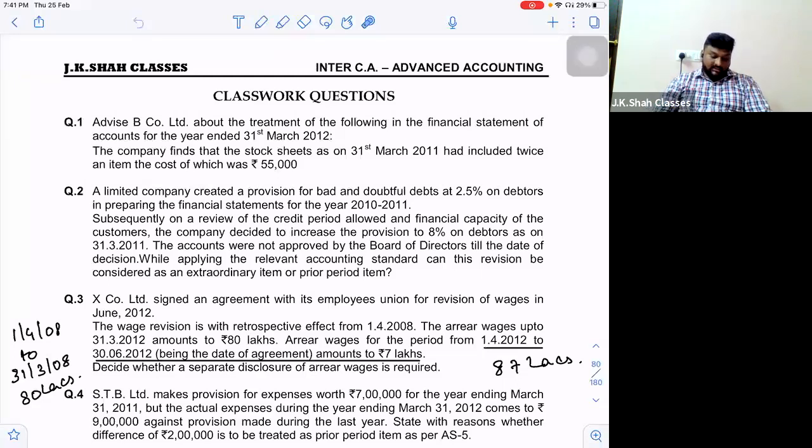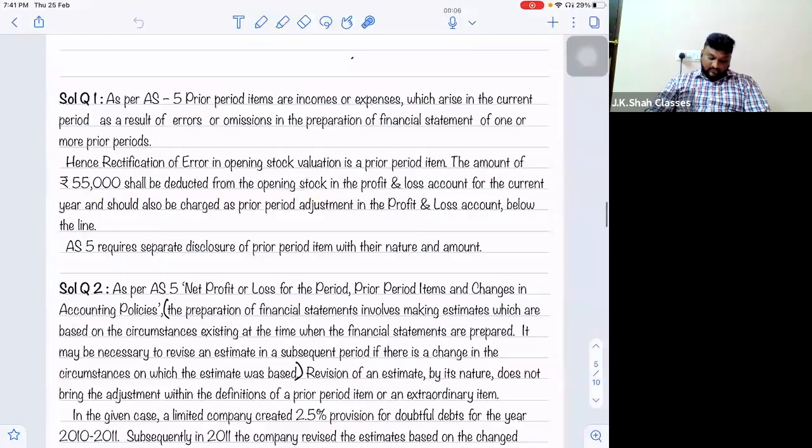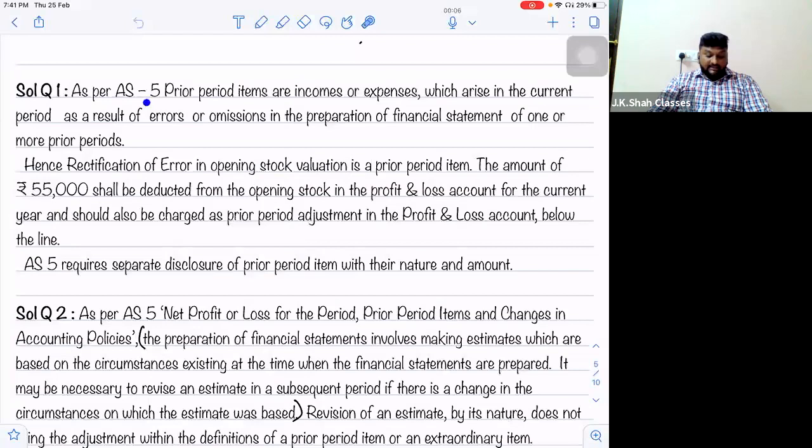So let's have a look at the solution. Everybody please focus on the solution. My first paragraph, as per AS5, prior period items are incomes or expenses which arise in the current period as a result of errors or omissions in the preparation of financial statements of one or more prior periods.